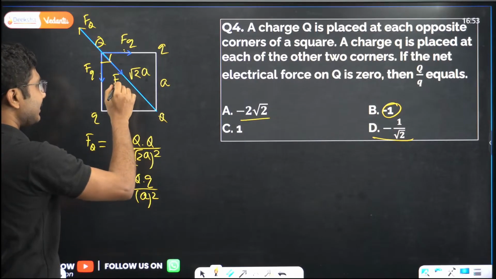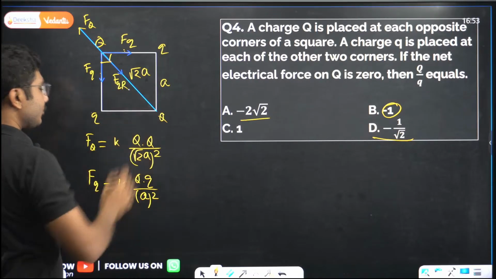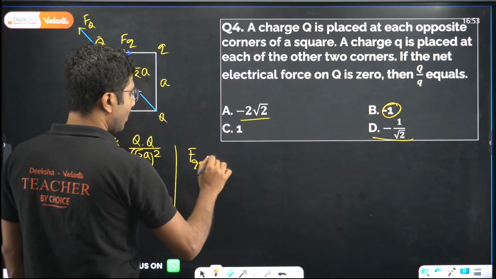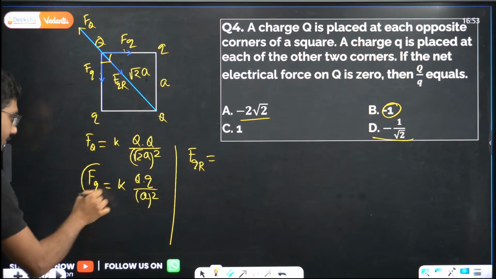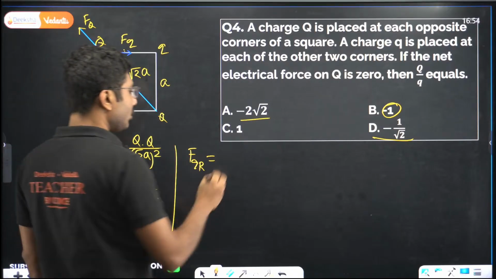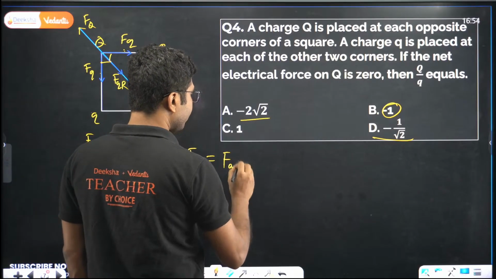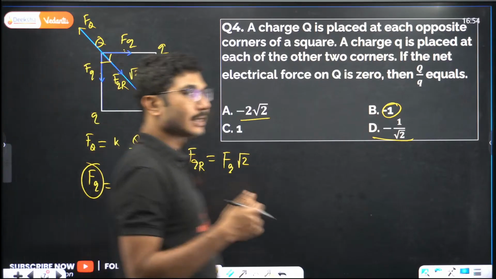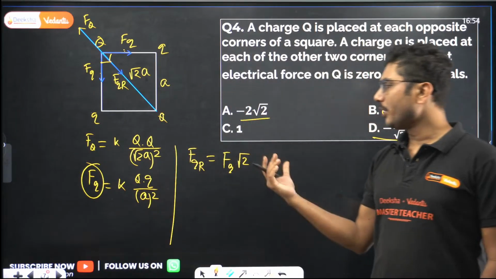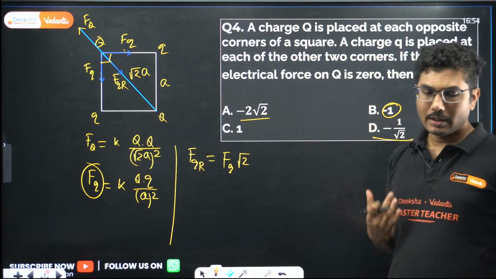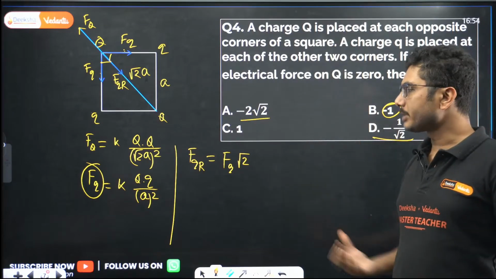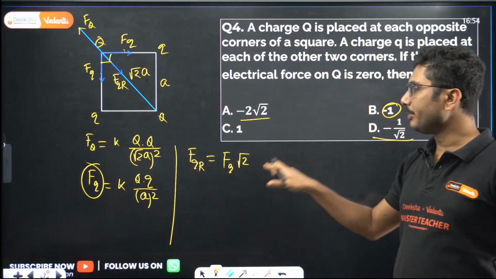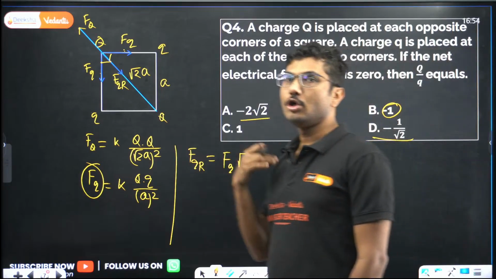This resultant, say FQR, will be this force multiplied by root 2. When two equal forces are acting at right angles, their resultant is F into root 2. You have studied these things in your earlier class; if you have not, you need to go back and revise them once more. So FQR equals FQ into root 2.